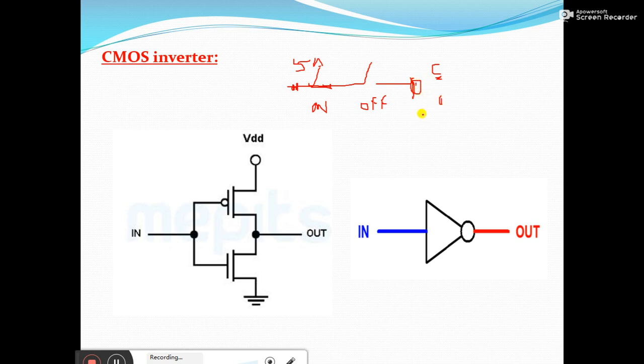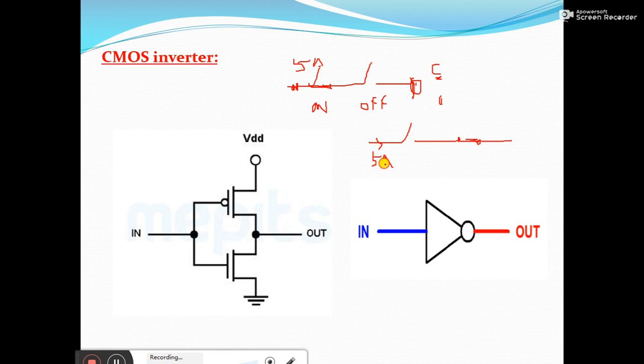Or assume the reverse case: the first switch is in off condition and the second switch is in on condition. Let's say again 5 ampere current is flowing through the first switch.